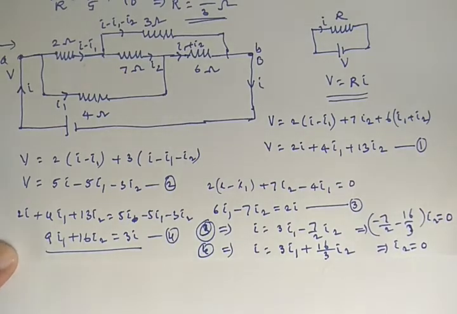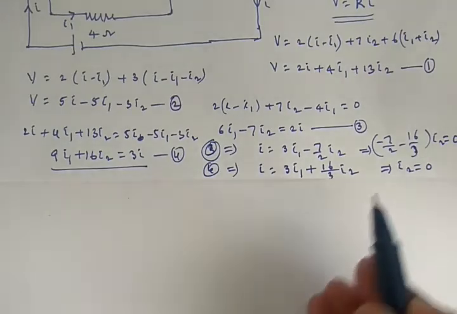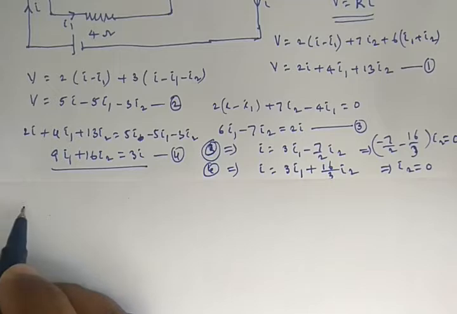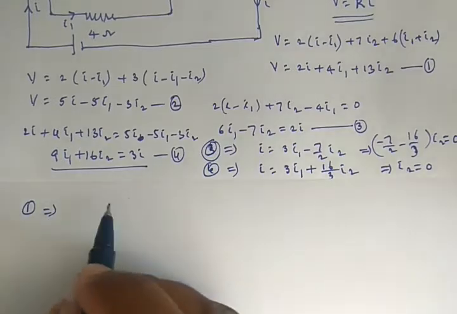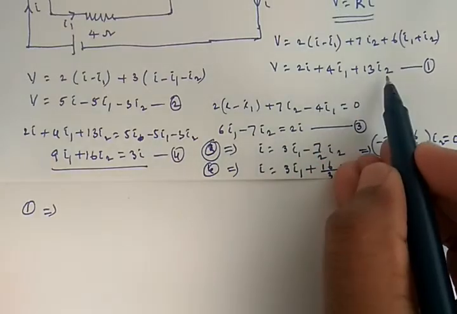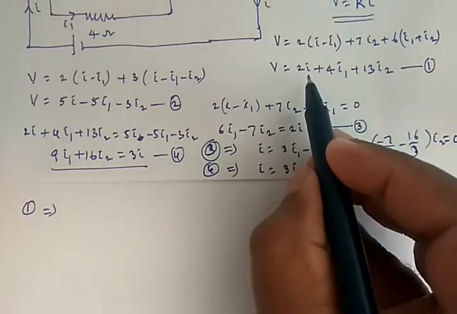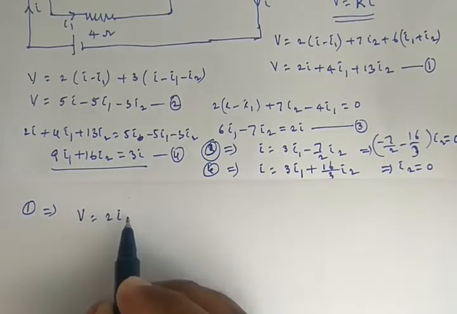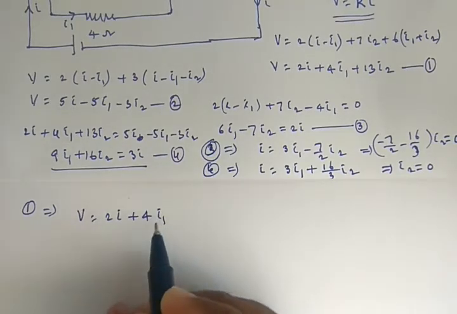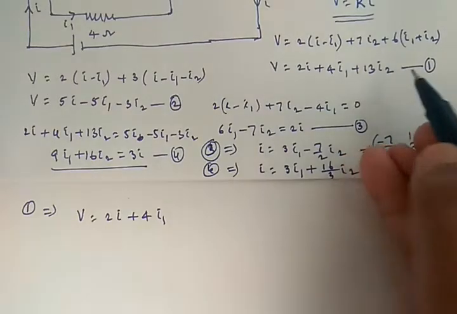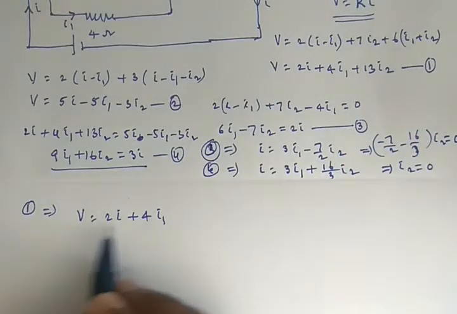Now I2 is 0, so let us take the first equation. From the first equation we can write, when I2 is 0, v equals 2i plus 4i1.